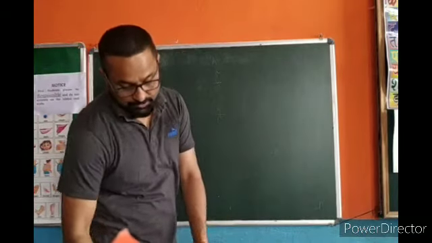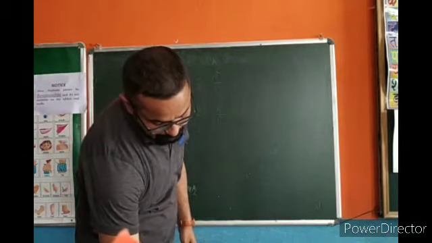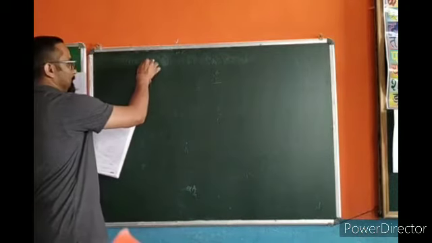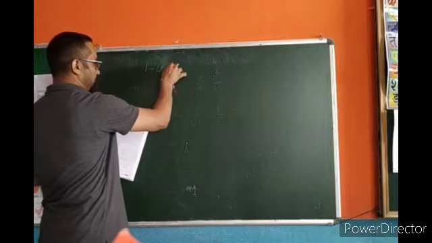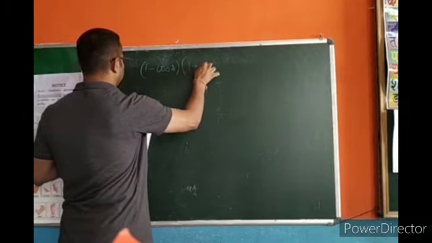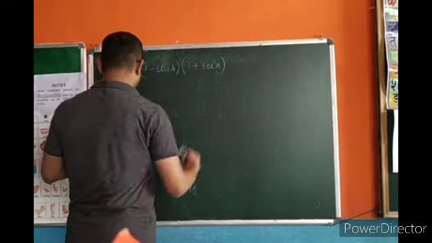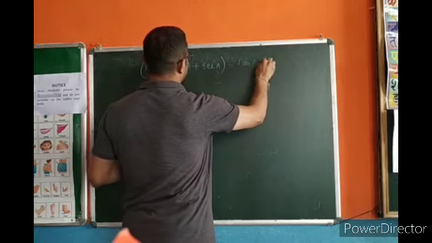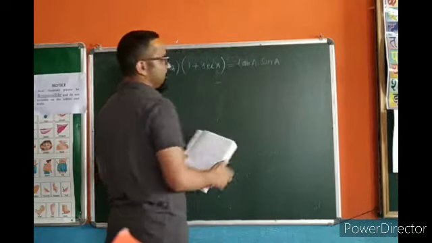Look at question number 9, part 2. (1 − cos A)(1 + sec A). You need to prove this one equals tan A into sin A. Similar question.